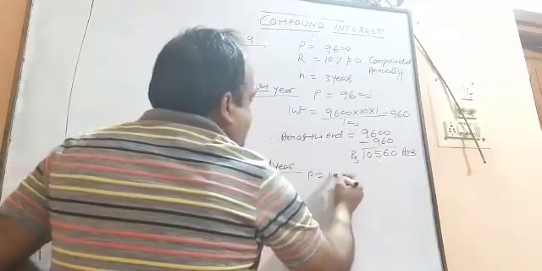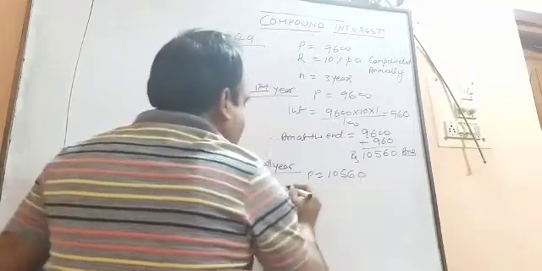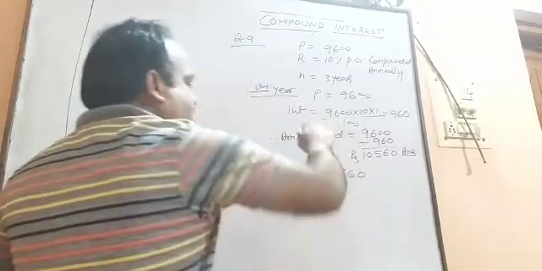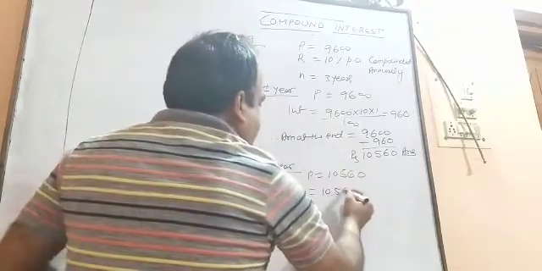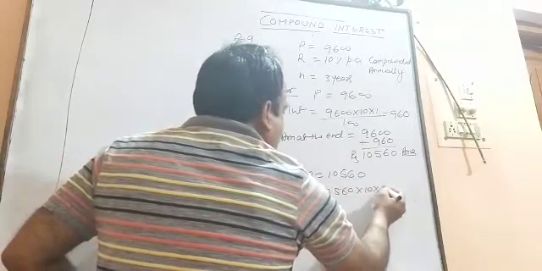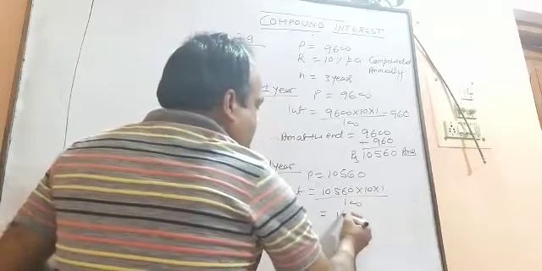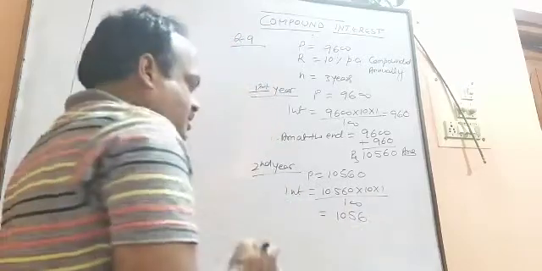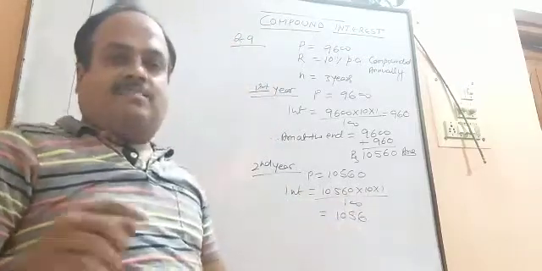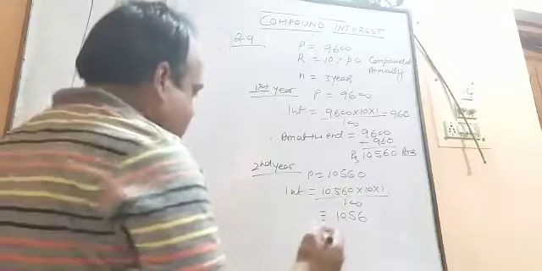So principal is 10,560. Compound interest on it is 10,560 into 10 into 1 upon 100, which comes as 1,056. So 1,056 is the compound interest of second year.